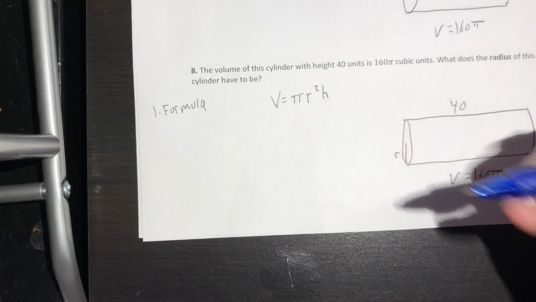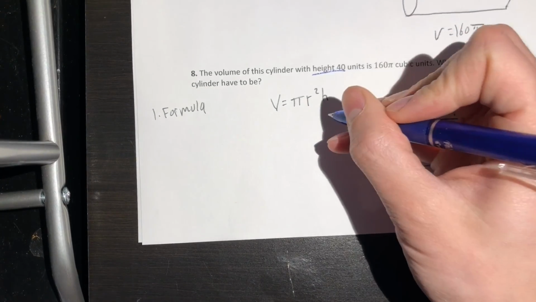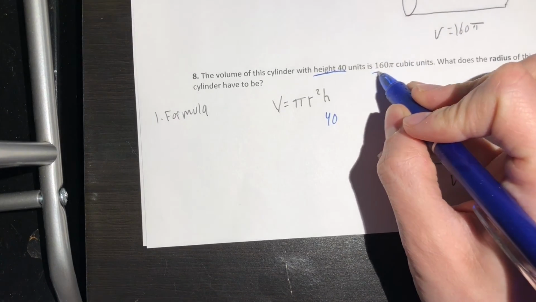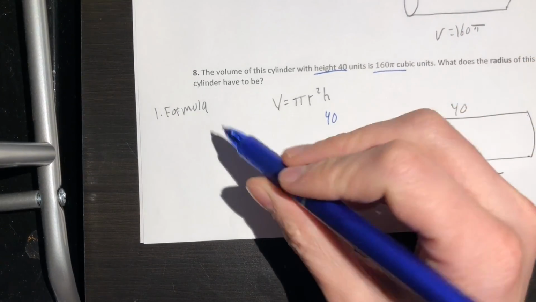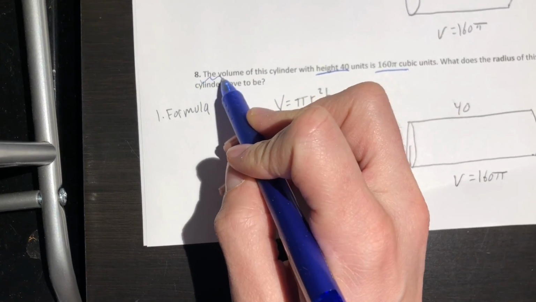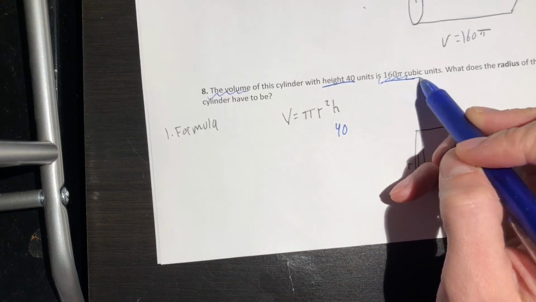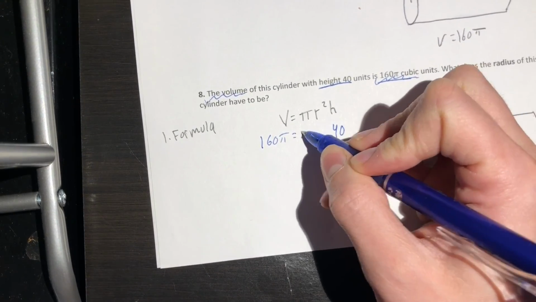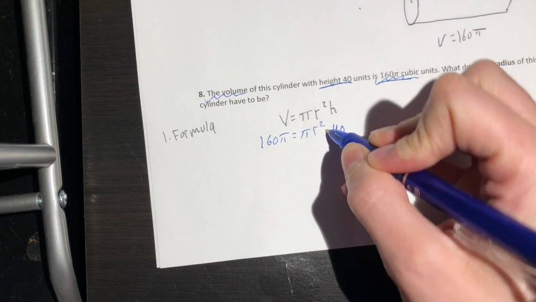And we know the height. And we know the volume. The volume of the cylinder with height 40 is 160 pi. So 160 pi equals pi r squared times 40.